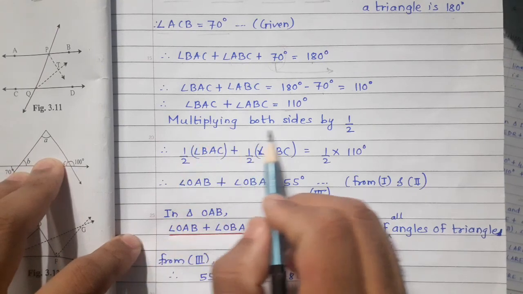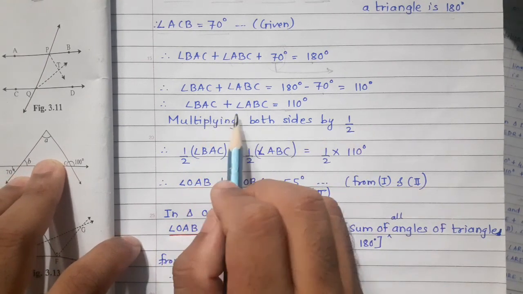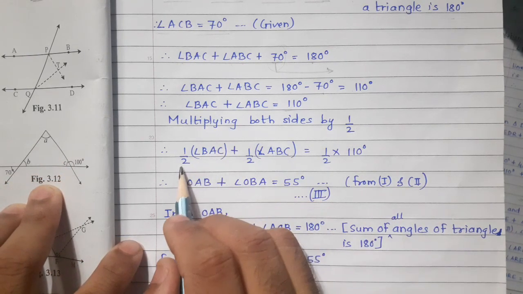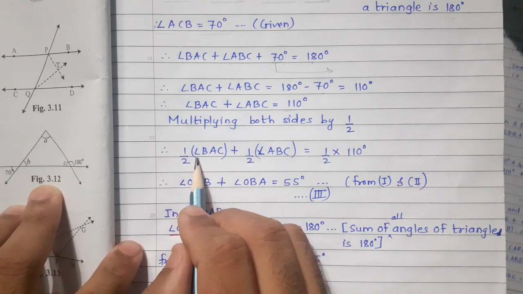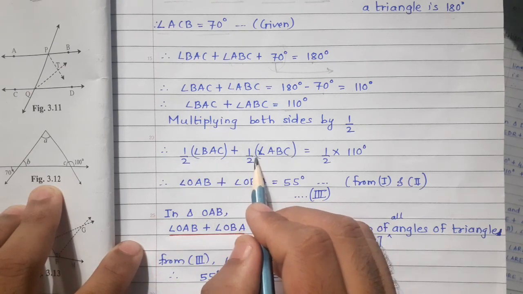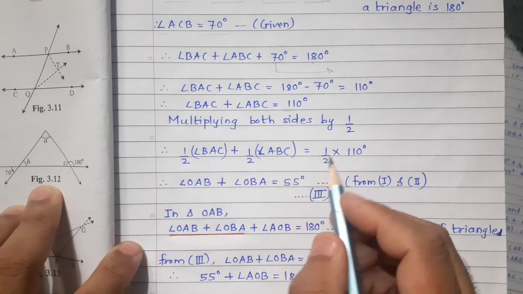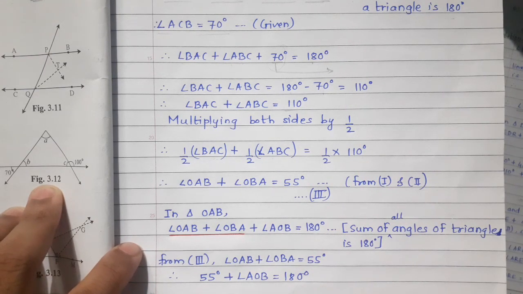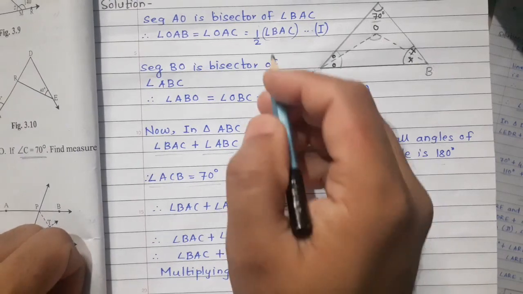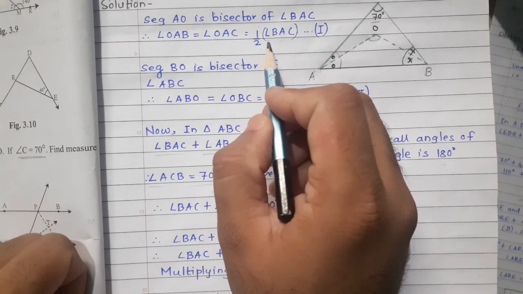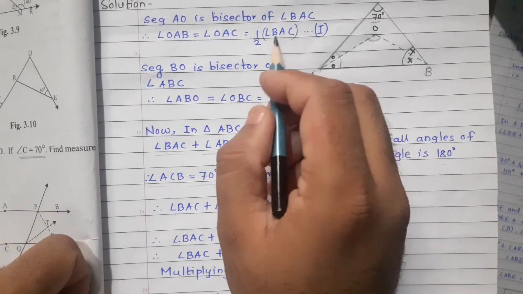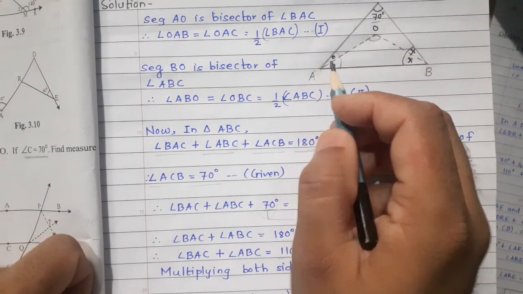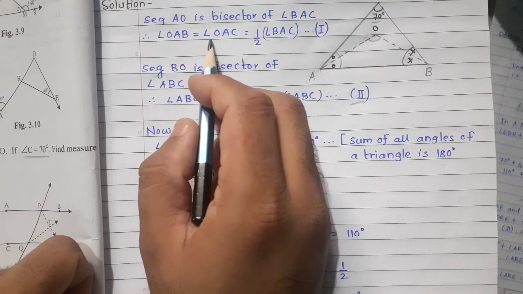Now multiplying both sides by 1 upon 2, we have 1 upon 2 multiplied by angle BAC plus 1 upon 2 multiplied by angle ABC is equal to 1 upon 2 multiplied by 110 degrees. From first and second, 1 upon 2 multiplied by angle BAC is one of the two equal parts of angle BAC, that is angle OAB or angle OAC.